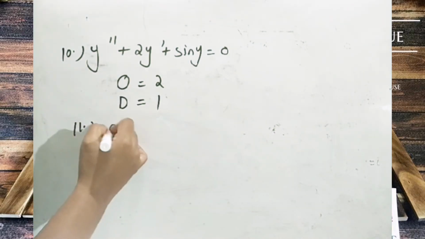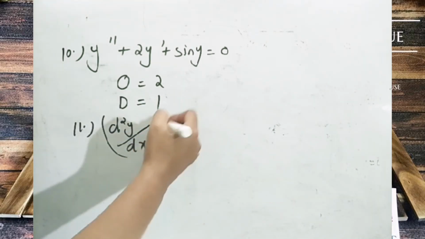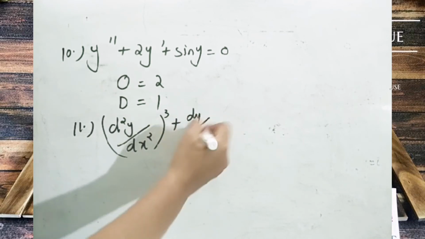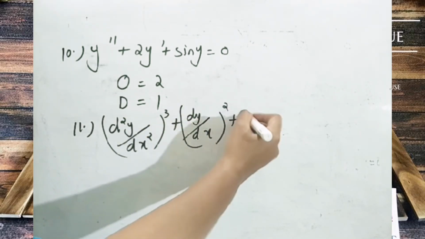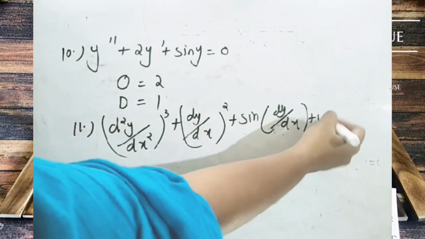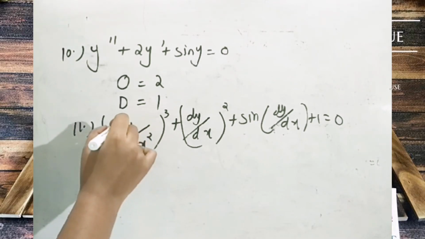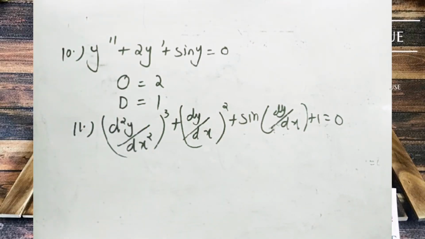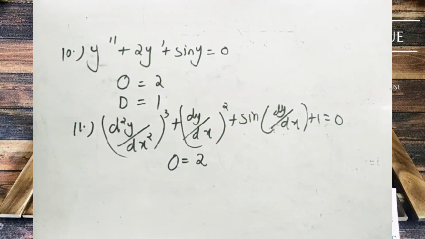Eleventh question: (d²y/dx²)³ + (dy/dx)² + sin(dy/dx) + 1 = 0. The highest order derivative present in this is d²y/dx², the second order derivative, so order is 2.